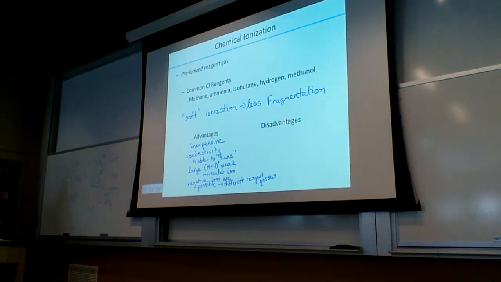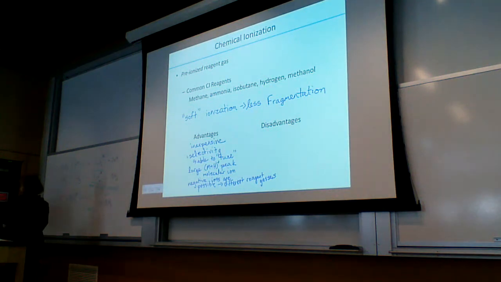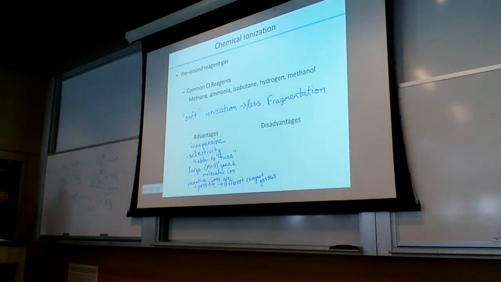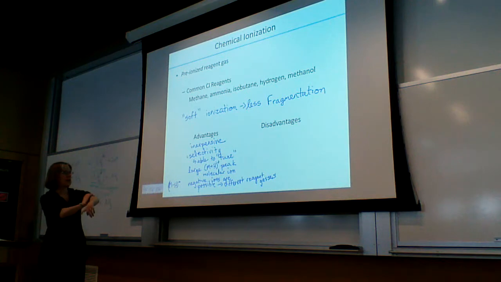But if you have a functional group that easily ionizes to lose a hydrogen, you may see an M minus H peak that would be a negative charge. So you could analyze in a negative mode and look for negative ions and detect those as well.